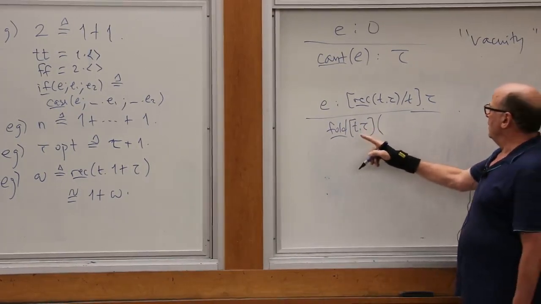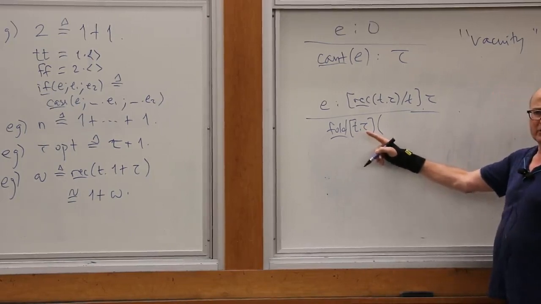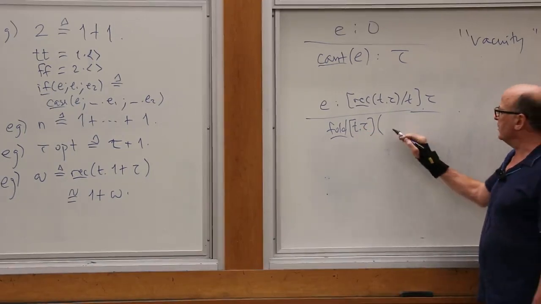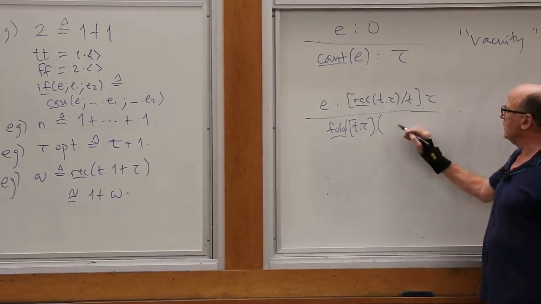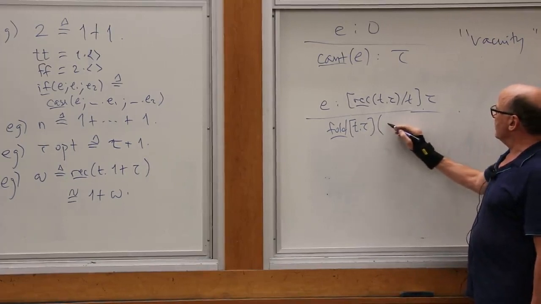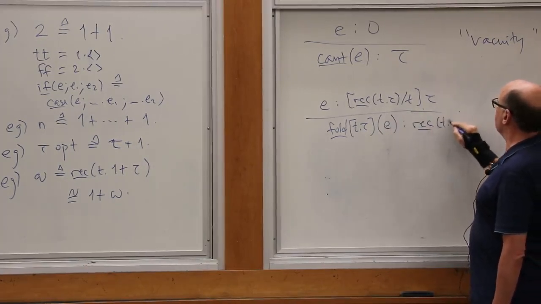And presumably Alexandra has talked about this kind of thing, type operators, so far from a semantic perspective, I think. But here I don't make any monotonicity or functoriality conditions. So I then say that fold of E is of the recursive type rec t.τ.